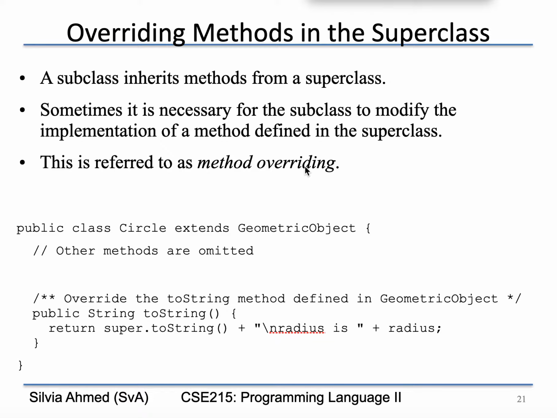It means when we inherit the method from the superclass, we may need a different implementation in my subclass. So in that case, keeping the method signature, return type, everything intact, in the subclass, we change the implementation of the method, and this change of implementation in the inherited method is known as method overriding.